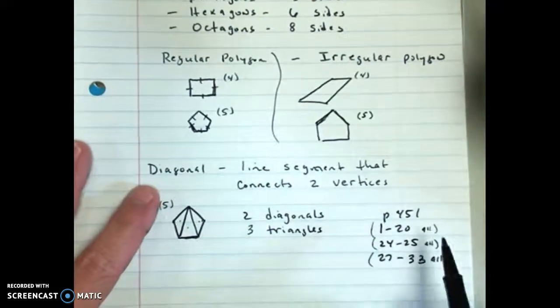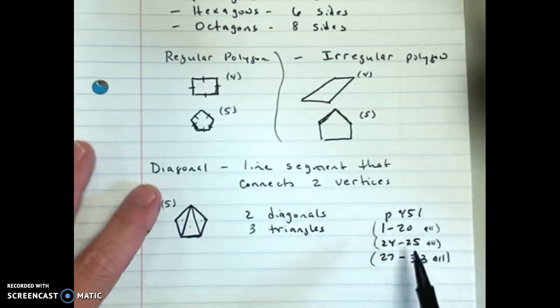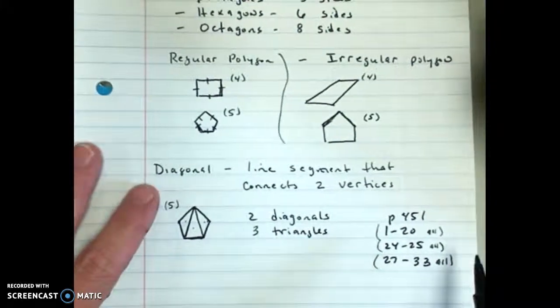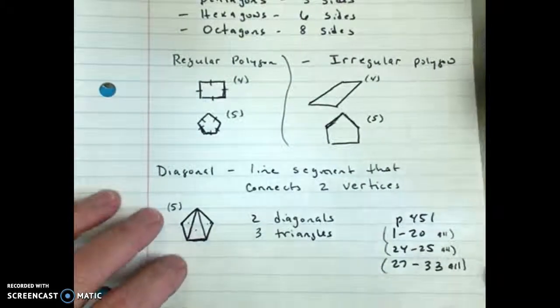So page 451, 1 through 20 all, 24 to 25 all, and 27 to 33 all. So let's begin.